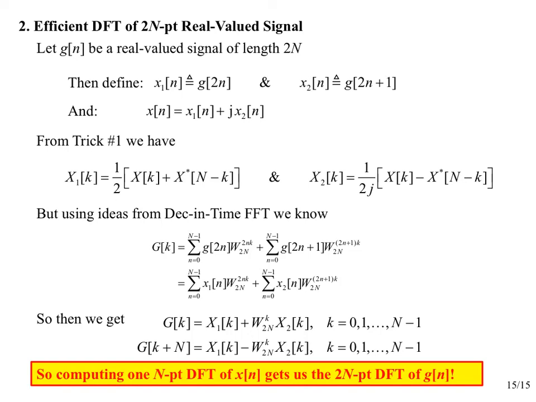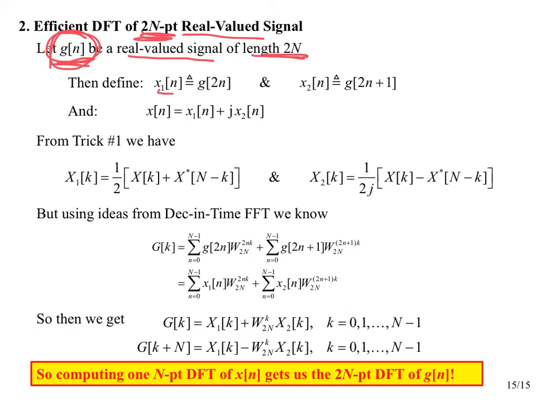Here we've got 2n points, and I want a full 2n point DFT, but it's a real valued signal. So let g be a real valued signal of length 2n, and I want a 2n point DFT of that. And so here's what we're going to do. Here's a little trick.